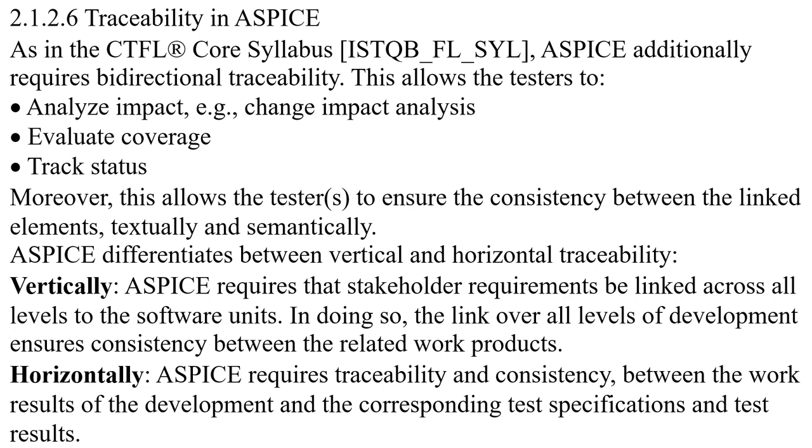2.6 Traceability in SPICE. As in the foundation core syllabus, SPICE additionally requires bidirectional traceability. This allows the tester to analyze impact, perform impact analysis, evaluate coverage, and track status.